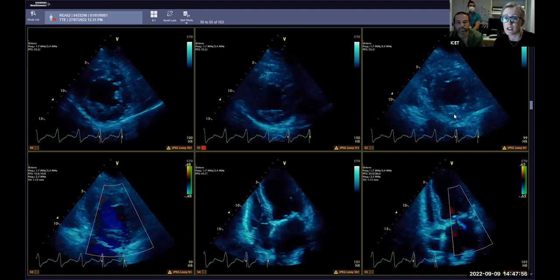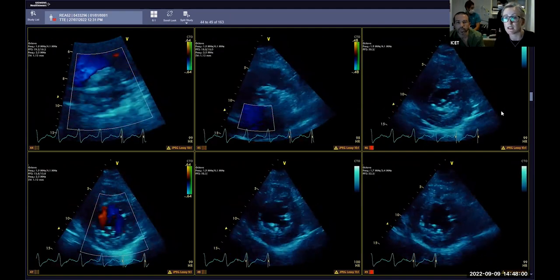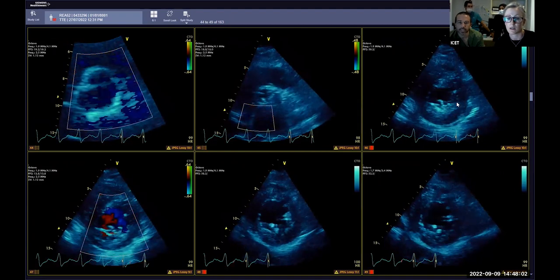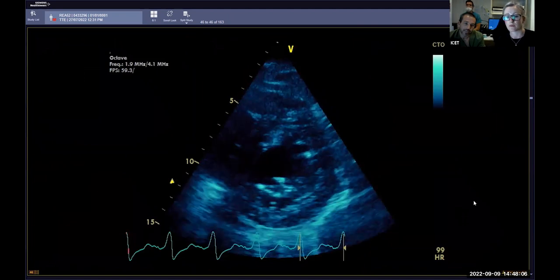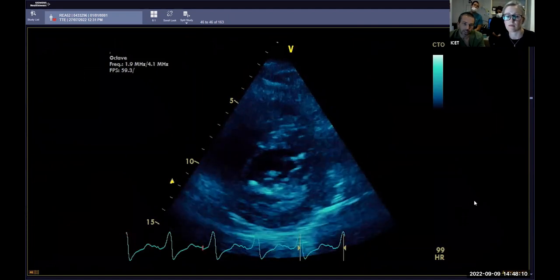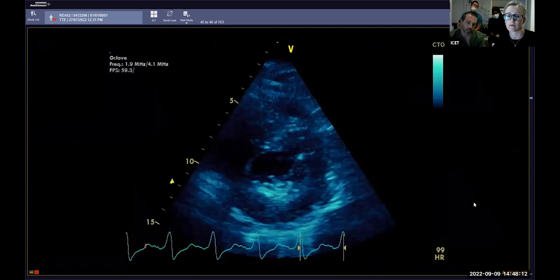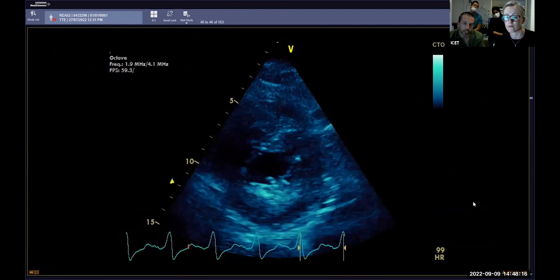Because you mentioned at the beginning you thought her LV systolic function might be just mildly down. What do you think of it? At least mildly down. Now it's at least moderately down, without having an old echo to compare to. When you had the six screen up, there were multiple areas that looked like they had regional wall motion abnormalities. I don't know whether they're old or new.